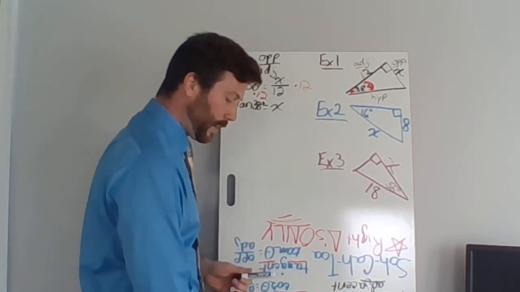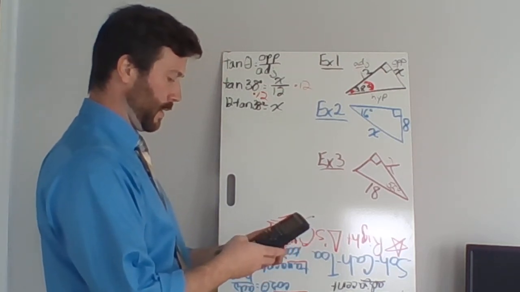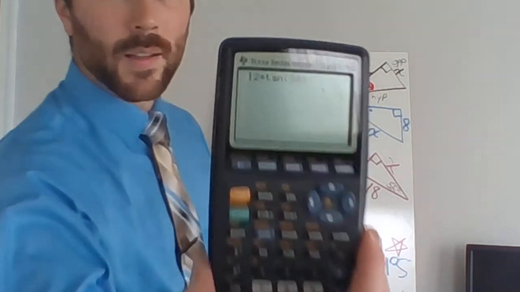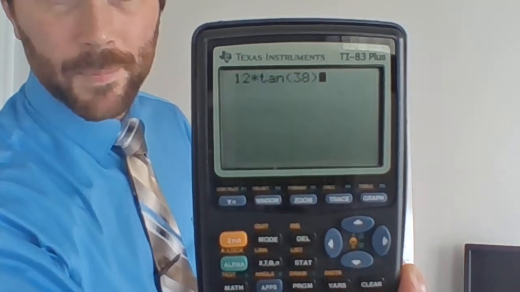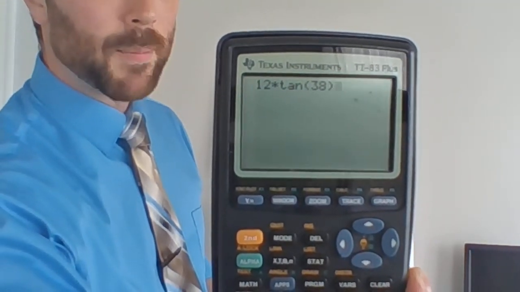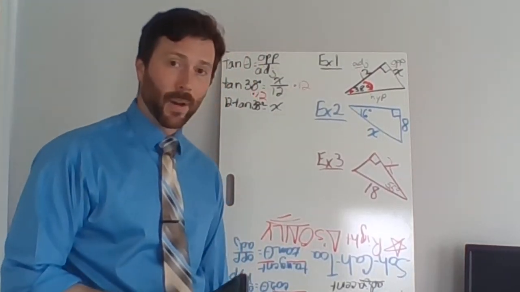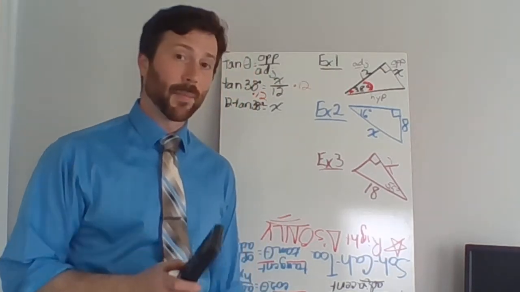So we go to our calculator and we do 12 times the tangent of 38 degrees. There we go, right there. Now, what's really, really important here, degrees are not the only way that we can measure an angle. We can also use something called radian measure, and the calculator is very capable of doing that.